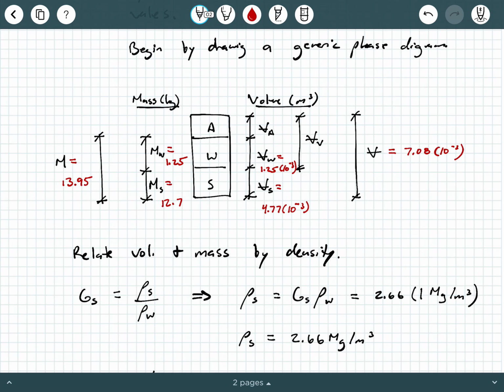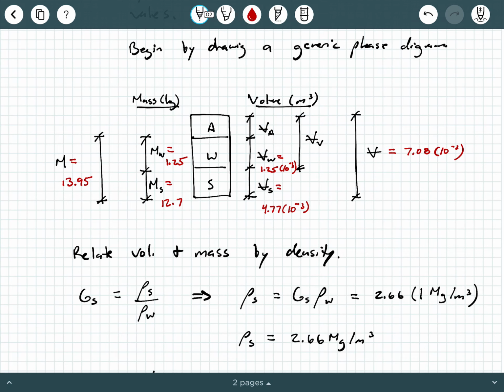Now, can I get my volume of air if I wanted to? Yeah, absolutely. If I take total volume minus volume of water minus volume of solids, I can also get the volume of air, all right? And then I can also very easily get my volume of voids. So let's do that real quickly by punching in some numbers here.